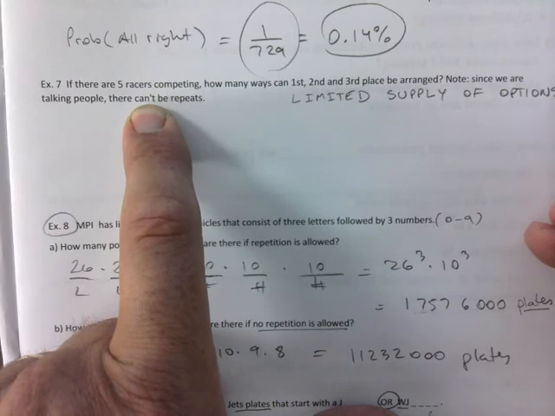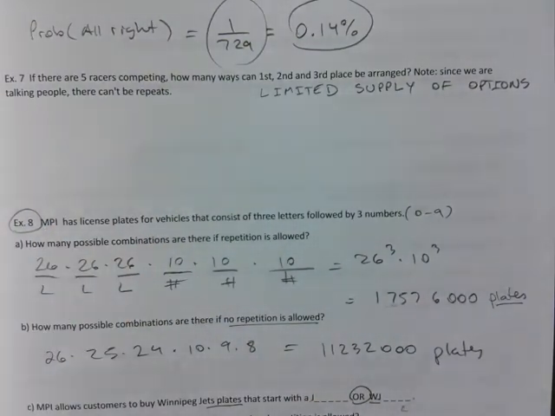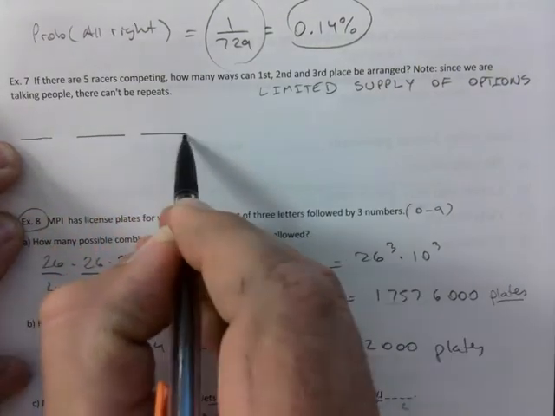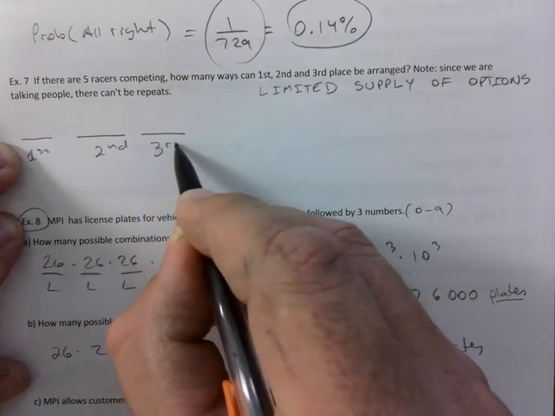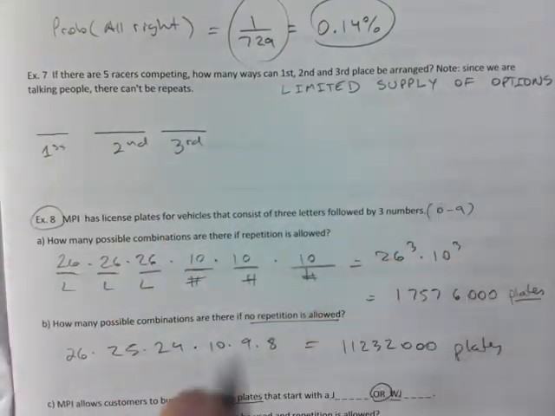Okay, this is similar, listen carefully. When you have numbers in a bag or letters in a bag or something, as you're drawing, the options are reduced, right? So that's almost saying no repetition allowed. It's the same thing. So you have to read carefully. So let's go like this: first, second, and third place, right? That's what we're wondering about. Those are our three events, and they all have to happen at the same time, right?